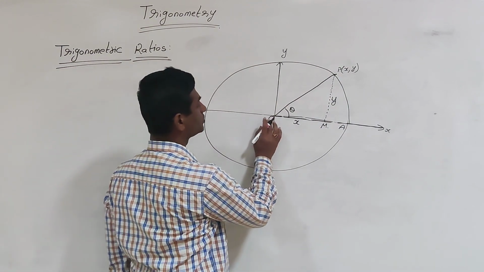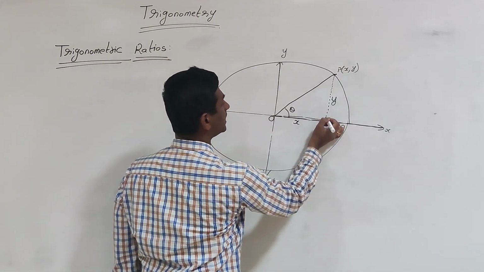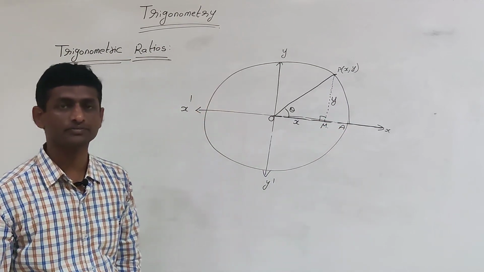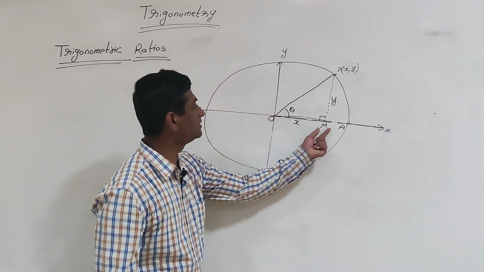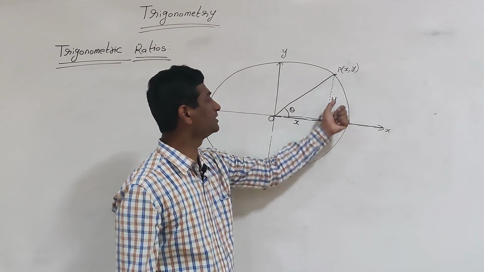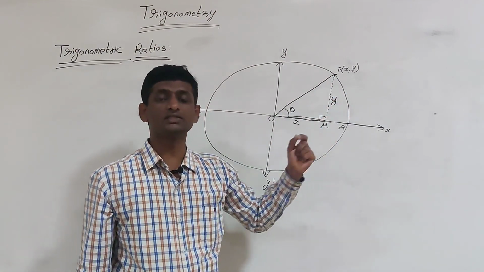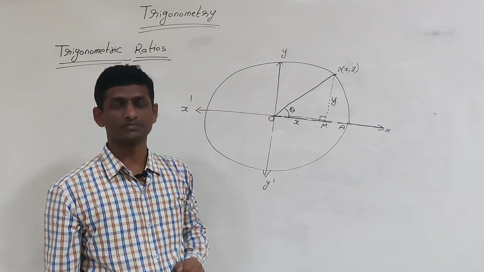So what we can observe is that OMP is a right angle triangle. OM is x, PM is y, and OP acts as the hypotenuse.